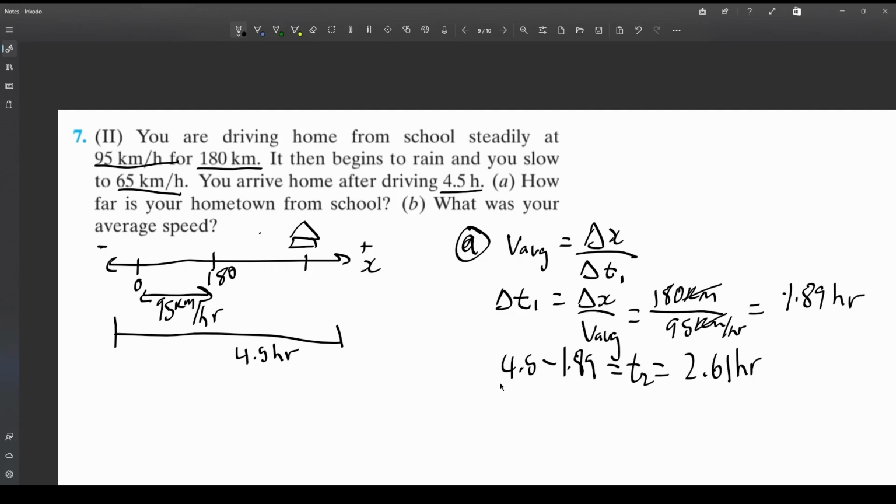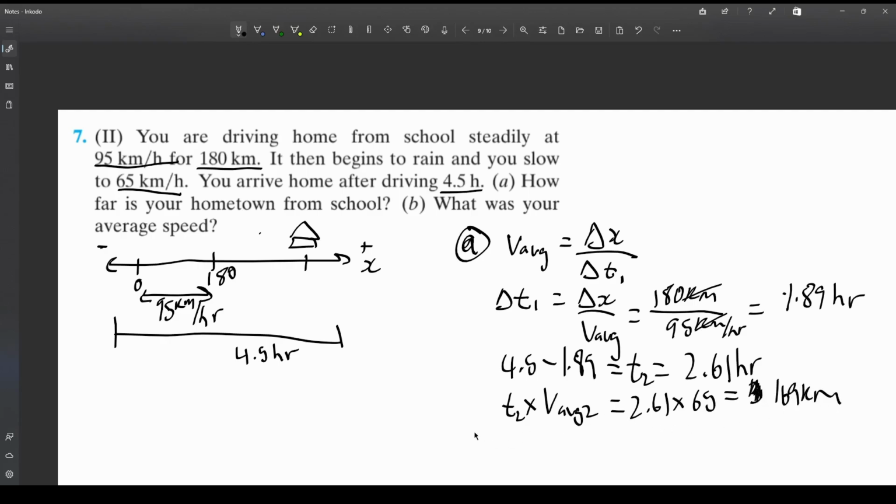So with that being said, if you just multiply the time to get your distance, so t2 times v average 2, we get 2.61 times 65, which is equal to 169 kilometers.